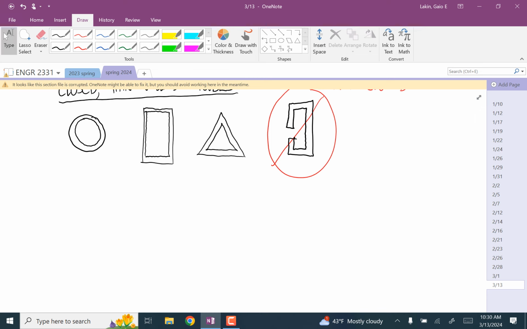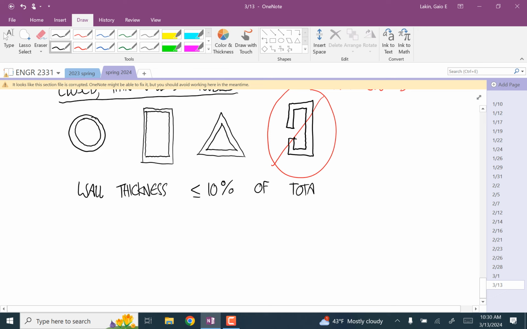Okay, a wall thickness of less than or equal to about 10% of the total thickness is a good rule of thumb.